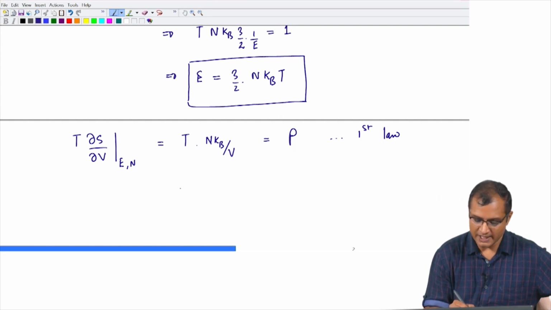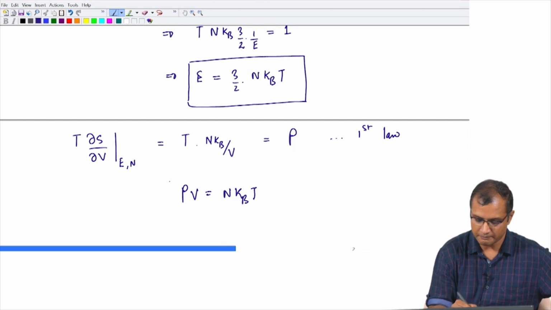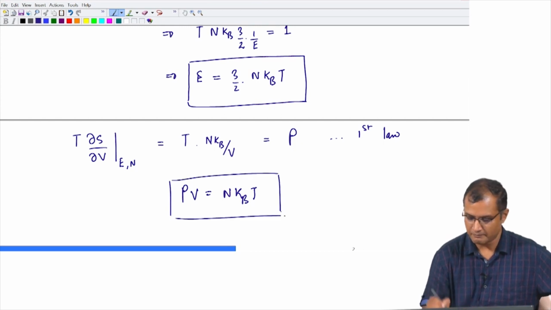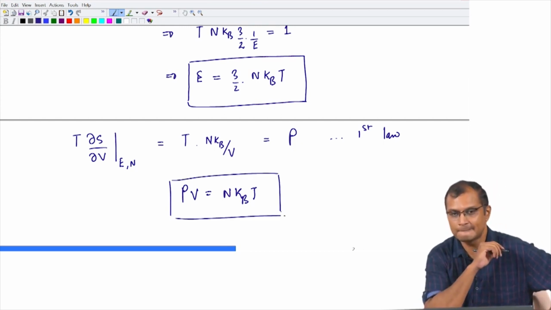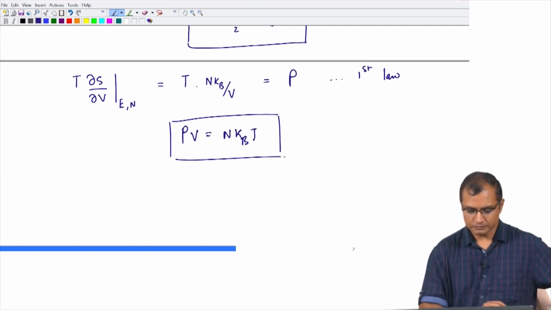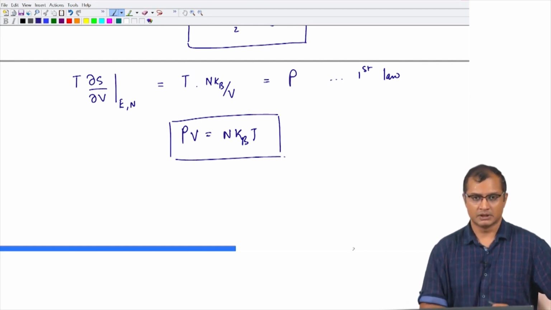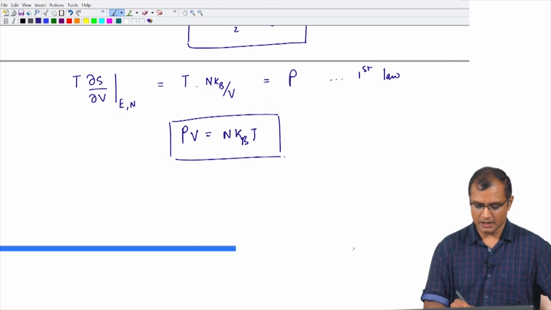So, you get the ideal gas law as PV equals N kBT. So, this is the equation of state for an ideal gas derived from statistical mechanics.